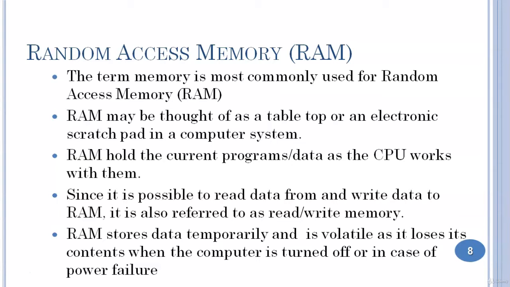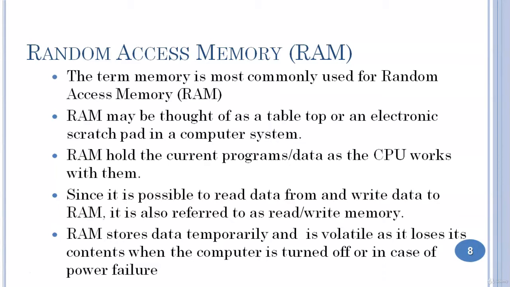RAM holds the current programs and data while the CPU works with them. Since it is possible to read data from and write data to RAM, it is also referred to as read-write memory.